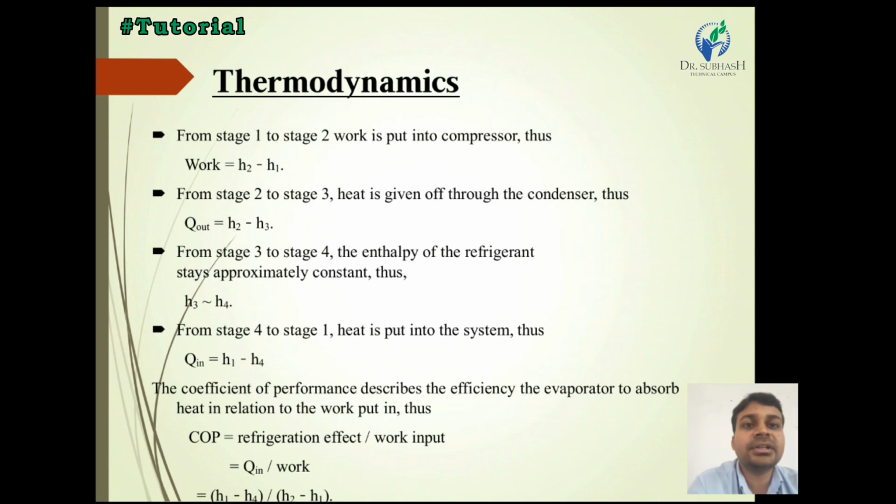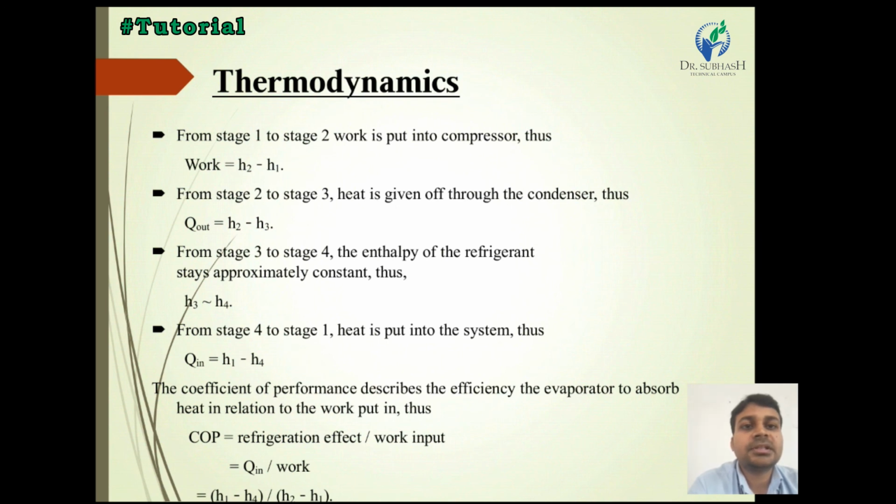Thus, H3 is equal to H4. In a normal throttling process, through the expansion device, metering device, or flow control device, the refrigerant passes through and the enthalpy remains approximately constant. So we set the expansion process as H3 equal to H4.